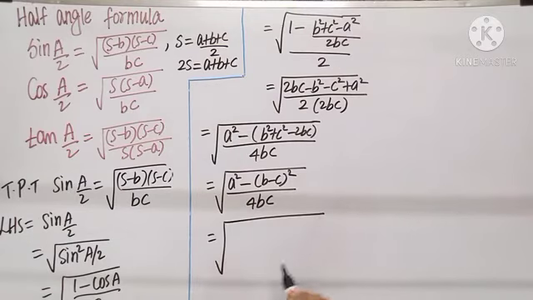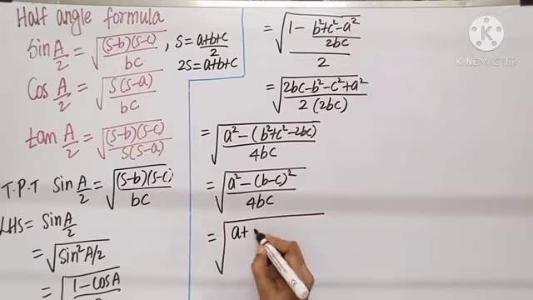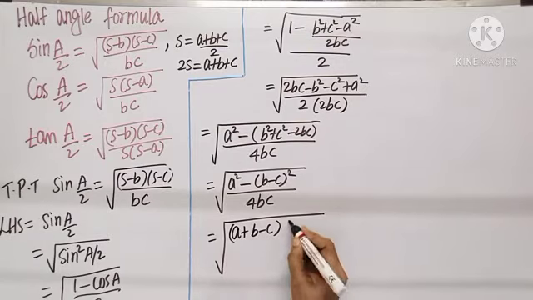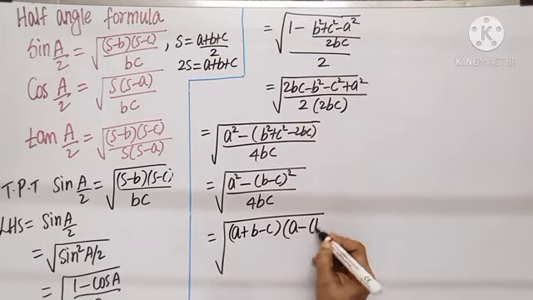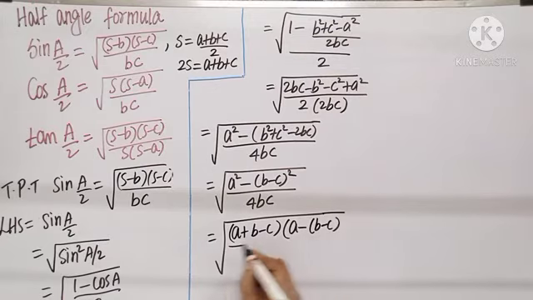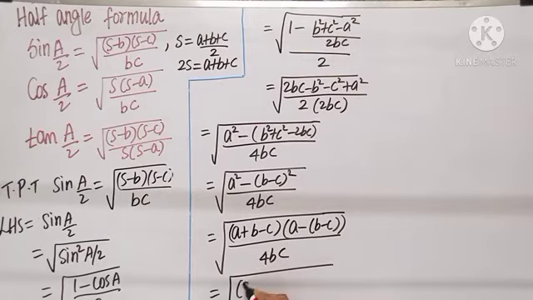Or we can write, it is A square minus B square pattern. A plus B minus C into A minus B minus C divided by 4BC, which can be further written as A plus B minus C into A plus C minus B divided by 4BC.